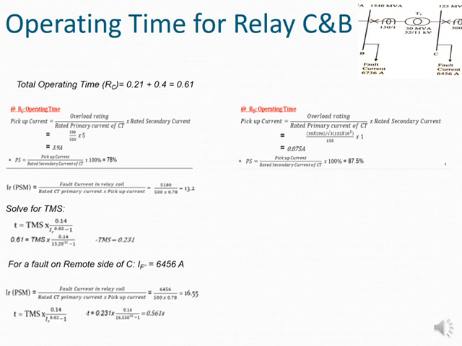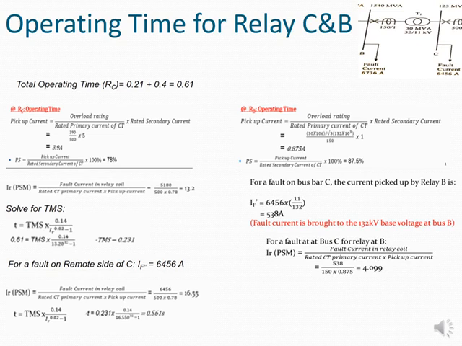I take that and utilize it to work out my plug setting. Then I can now start saying I need to bring in my fault current at relay C, at bus bar C, to be able to be read by my relay at B. That is now utilizing the base of 132 kV. I find that fault and I can go and work out what my IR is.